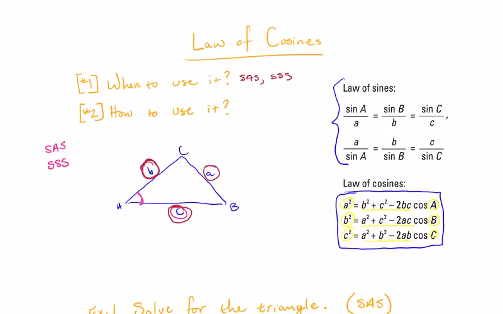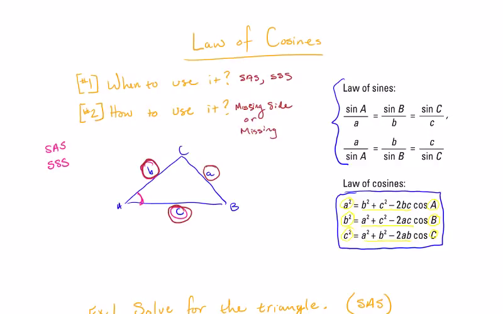Okay, how to use it, or why to use it, maybe. We can use it to find a missing side, or you can use it to find a missing angle.